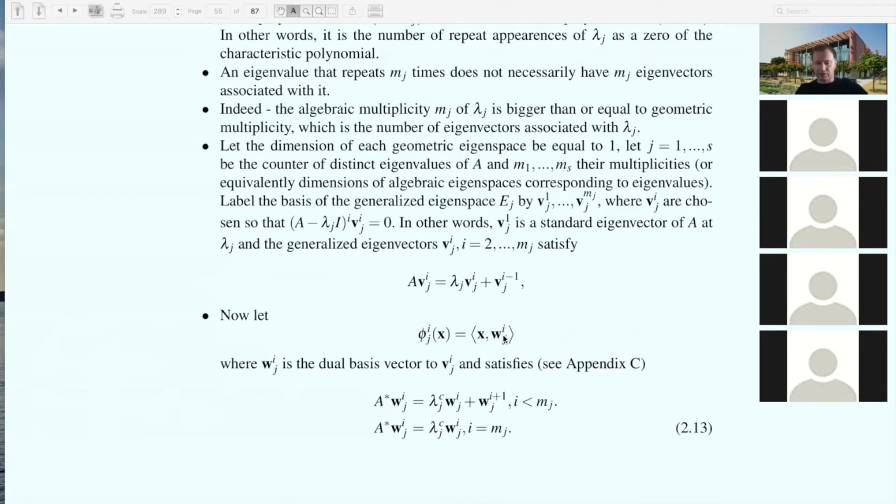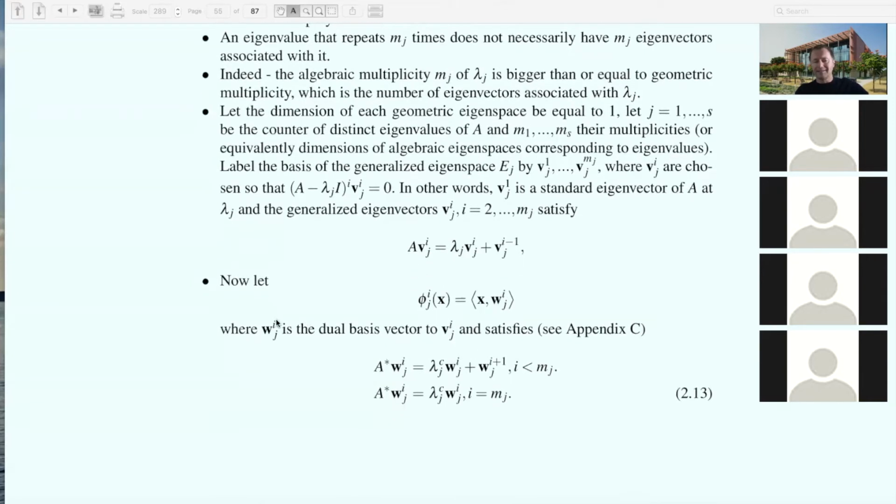So j is the label for the eigenvalue, and i is the label for the generalized eigenfunction. i can go from 1 to mj, where mj is the multiplicity. So here is the generalized eigenfunction, and wji is the dual basis to vji.